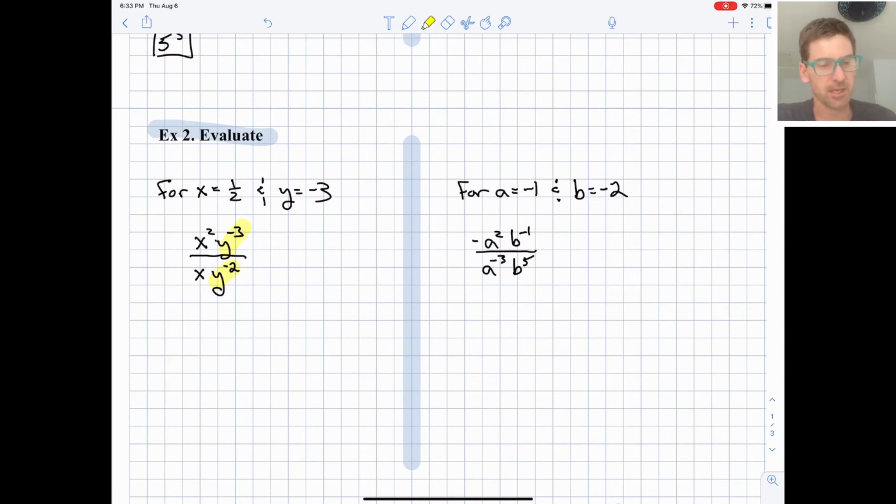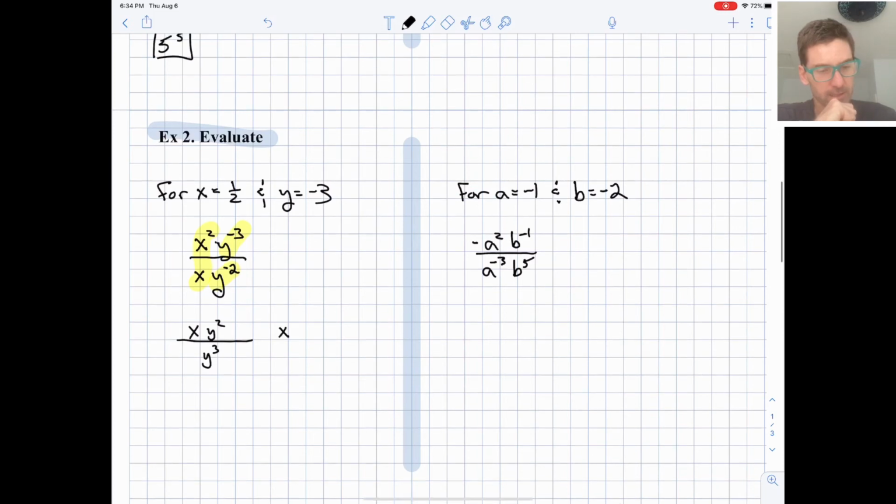And at the same time, I'm going to subtract the x exponents to simplify that. So I will have an x up top, just x to the 1. And then a y squared comes up top, and a y cubed goes down below. And then I can subtract my 2 minus 3, so I get an x times y to the negative 1, which is really x over y.